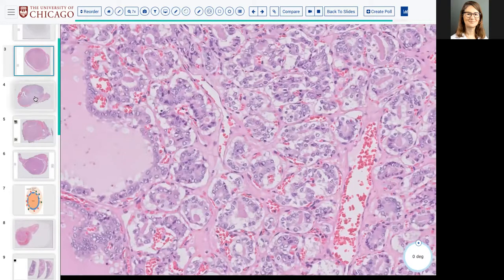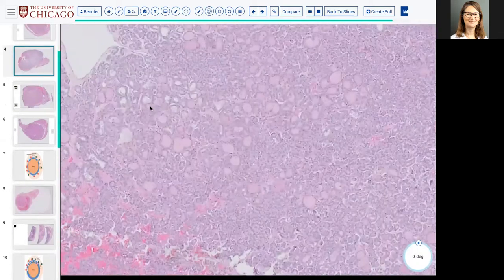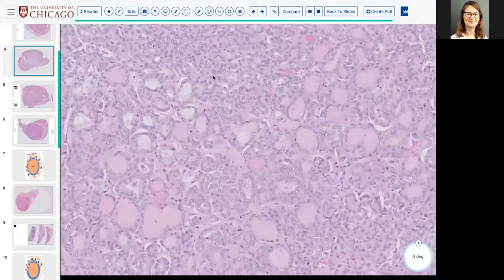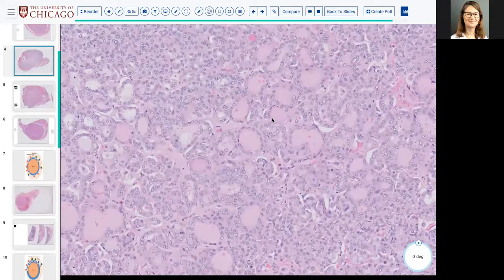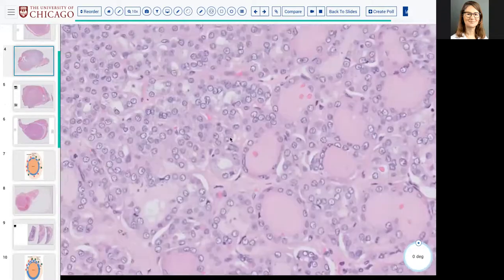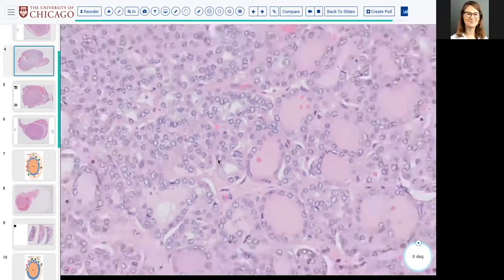So subtle morphologic differences are present, but they don't always convince you enough in one direction or another. But genetics I've found to be extraordinarily helpful. In most cases, genetics can sort tumors out into lesions that are PTC, BRAF V600E-like or RAS-like. So yeah, this is a NIFT-P.